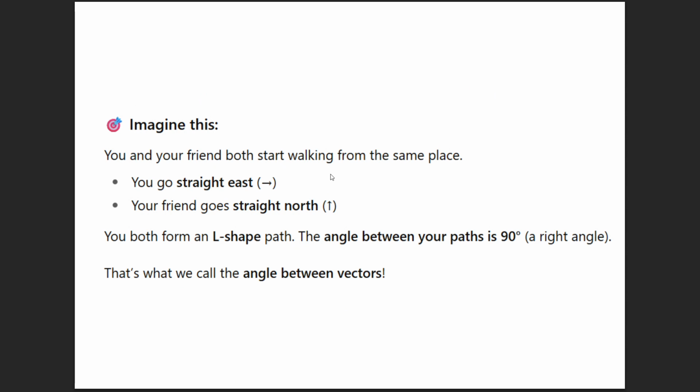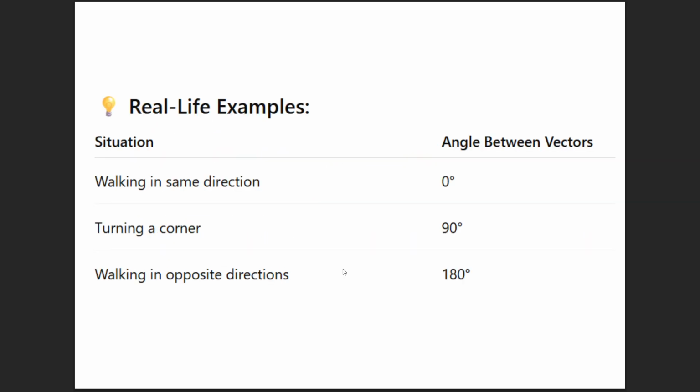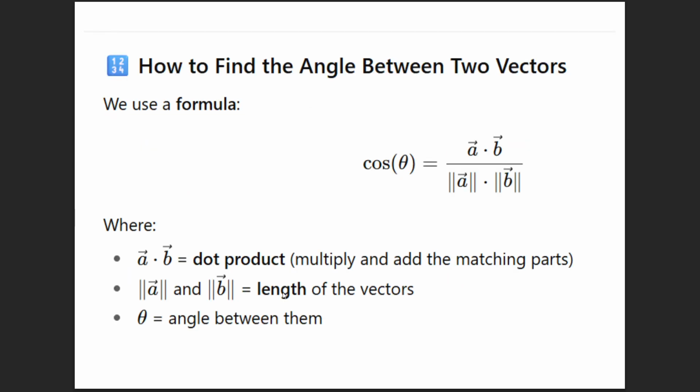If I go straight east and my friend goes straight north, the shape will be like an L. This kind of shape gives you a 90-degree answer, and that degree is the angle between vectors. If both are walking in the same direction, it will be 0 degrees. Turning in the corner is 90 degrees. Walking in opposite directions means 180 degrees.